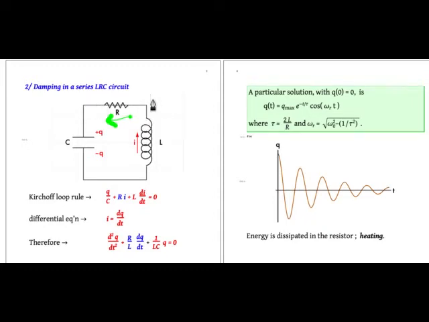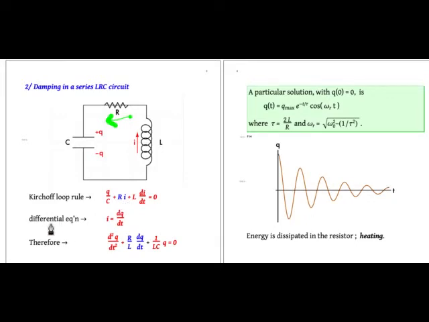And then again, I have plus L di dt. So going around the loop in the clockwise direction, the change in potential across the capacitor is Q over C. The change in potential across the resistor is RI. That will be positive if I is positive. And the change in potential across the inductor is L di dt. So it's just like the equation I had before, but I add in R times I.